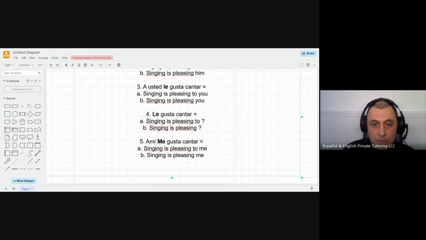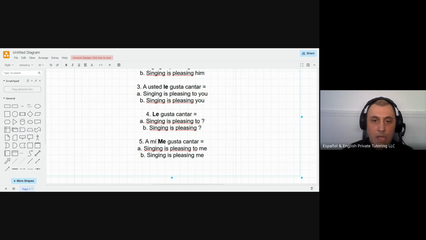So a mí is the indirect object. Me is the indirect object pronoun. In this case, me only translates into English as me, only has one meaning.